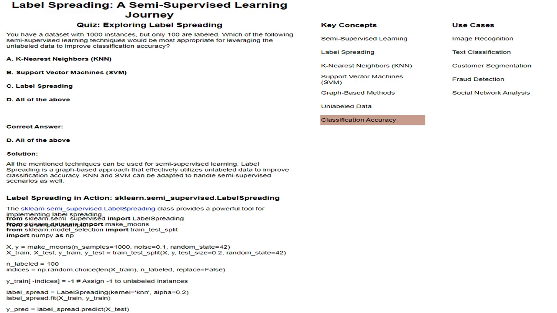From sklearn.semi_supervised import LabelSpreading. From sklearn.datasets import make_moons. From sklearn.model_selection import train_test_split. Import numpy as np.